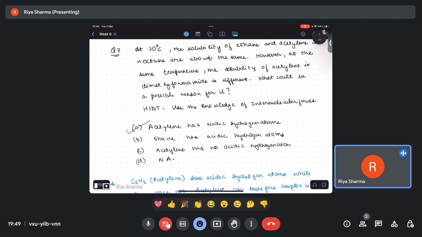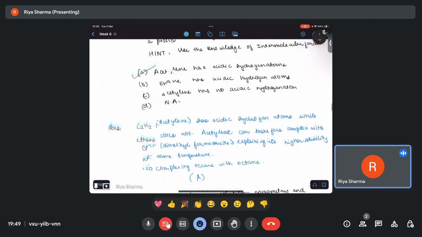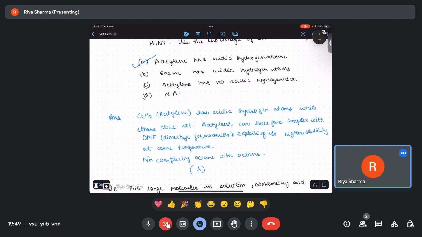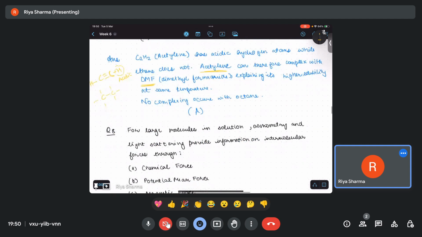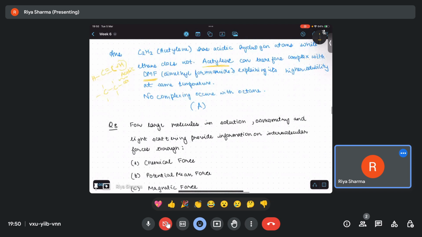We also got to know why there is more solubility of acetylene in DMF rather than n-octane: DMF and acetylene form a complex, and C2H2 has an acidic hydrogen, whereas ethane has no such hydrogen, so it doesn't react with DMF to form a complex.